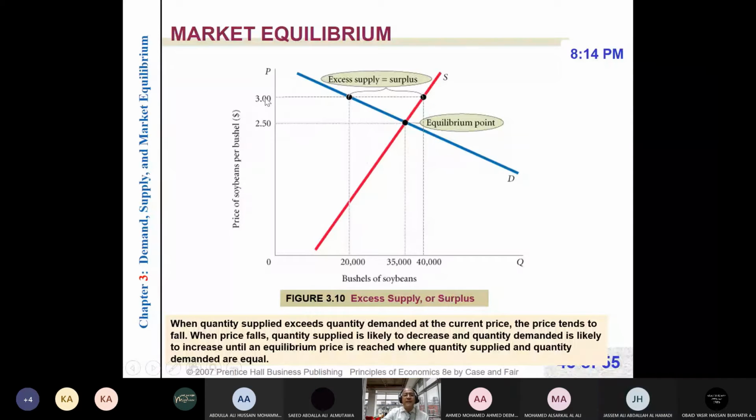So from the price, draw a horizontal line till it intersects the demand curve. Read the quantity demanded. Next question. At 3 dirhams, what will be the quantity supplied? 40,000. Okay, so from 3 dirhams, draw a horizontal line till it intersects the supply curve.